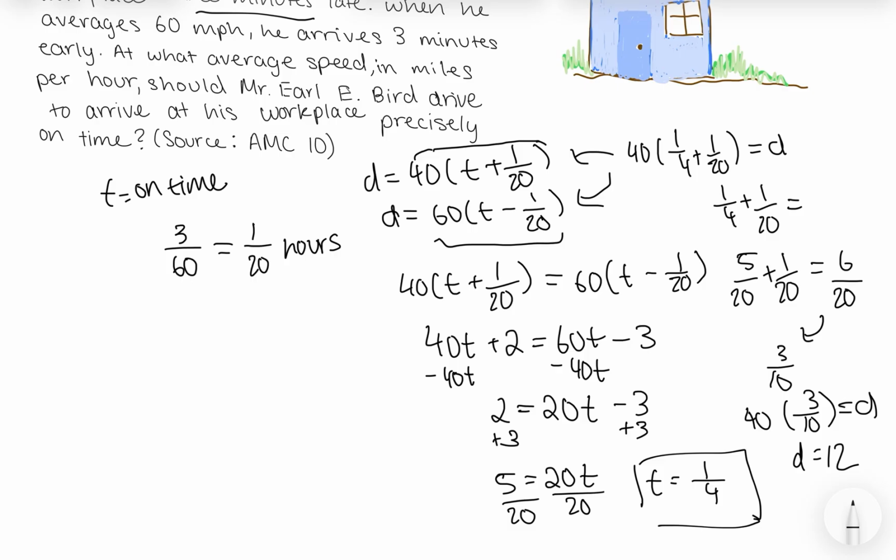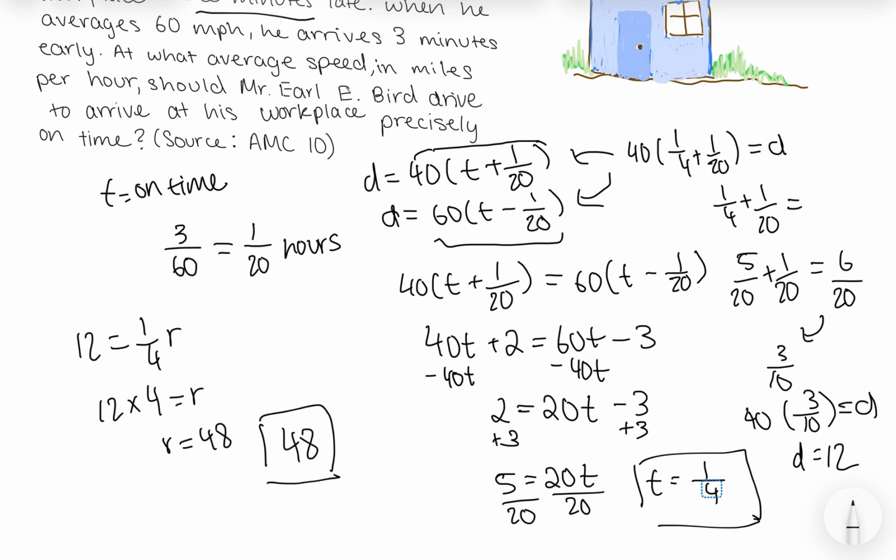So we know the distance, we know the time, we just need the rate. So that's what we're going to solve for. So we did 12 times 4 equals r, because we're dividing by 1/4 on both sides. And so r equals 48. And 48 is our final answer.